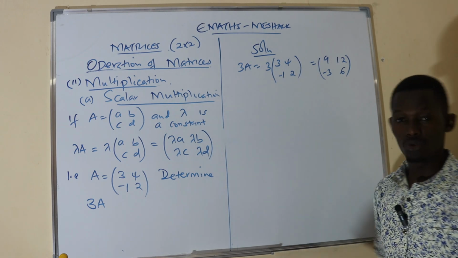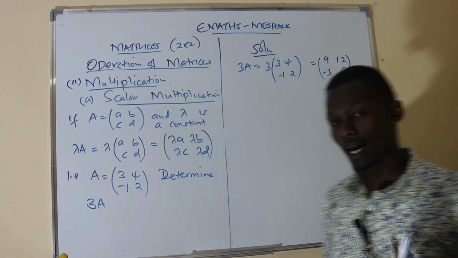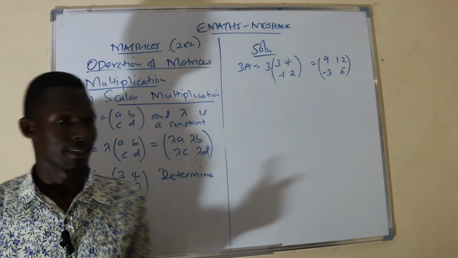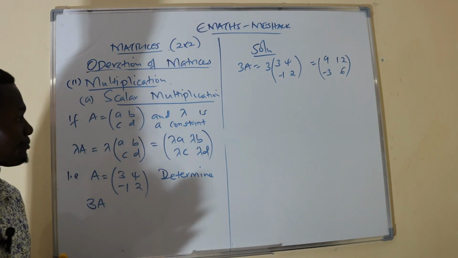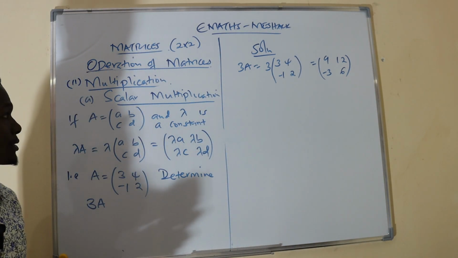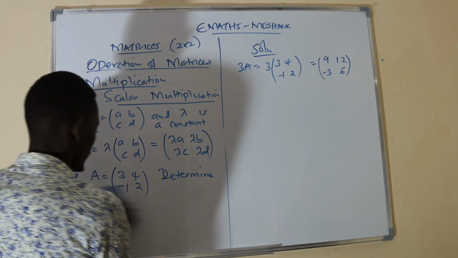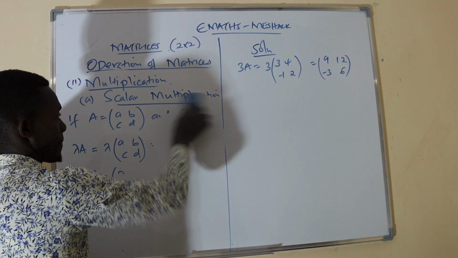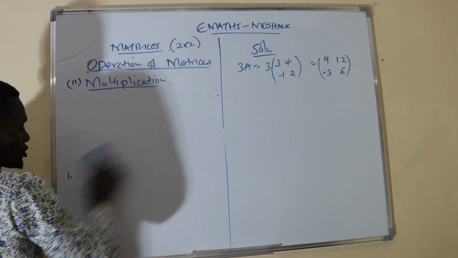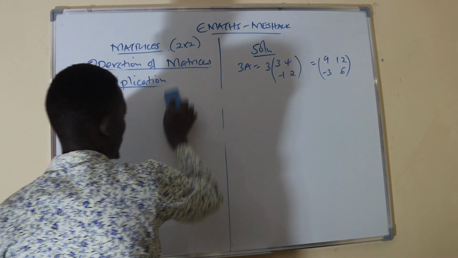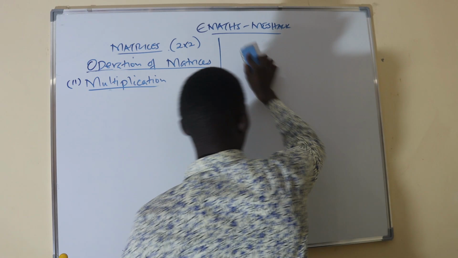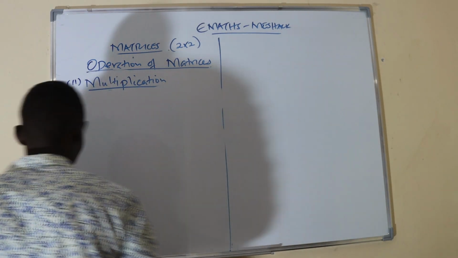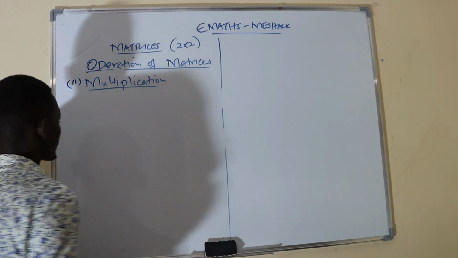Now, having known how to do scalar multiplication, let's check how you multiply matrices in general. So that was scalar multiplication. Now we check general multiplication.